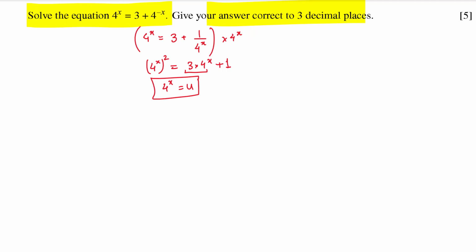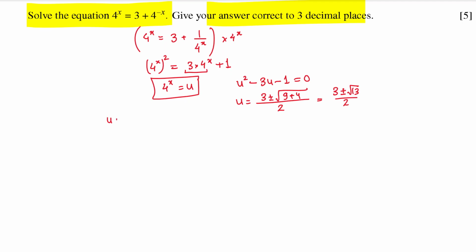So our equation becomes u square minus 3u minus 1 equals 0, and then u equals, by quadratic formula, minus b, plus 3, plus minus root of b square, that is 9, minus 4ac, plus 4, over 2a, that is 2. So we are left with 3 plus minus root 13 over 2.